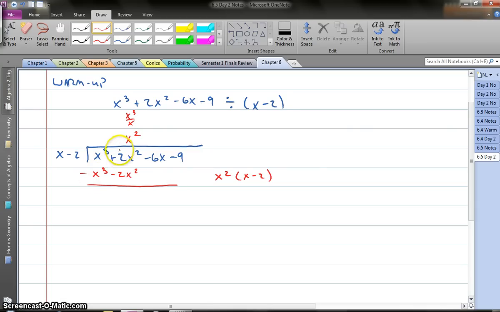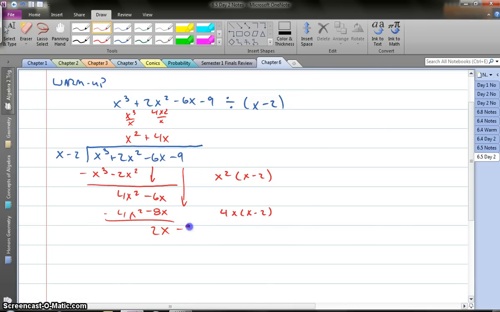So I'm left with 2 minus negative 2 is plus 2, so 4x squared. Bring down your next term. Then you got 4x squared divided by x, which gives me plus 4x. Multiply that. So 4x squared minus 8x. So when we're subtracting, it's the same as adding 8x to get 2x.